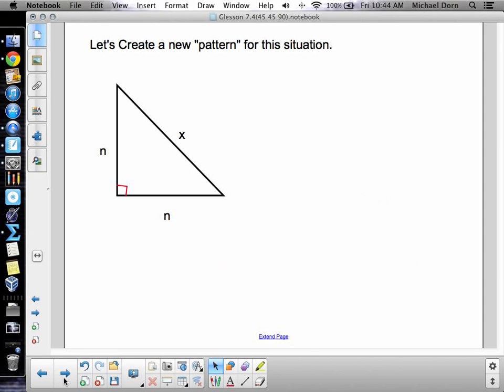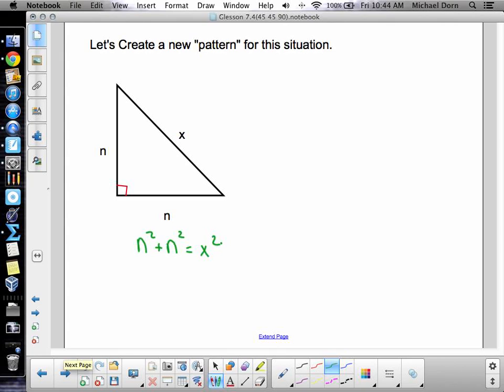We can also create a second pattern, and some people catch this really fast. I can also set up a second pattern. If x is over here and this is n and n, we already have that n squared plus n squared equals x squared, right? So 2n squared equals x squared. But I want to get n solved, so I'm going to divide by 2.